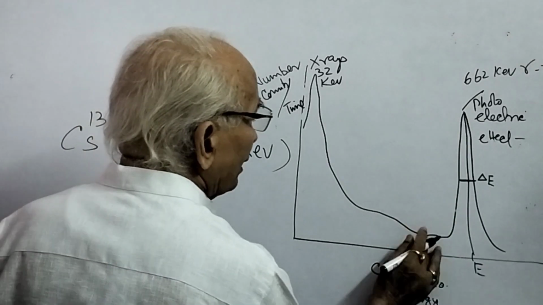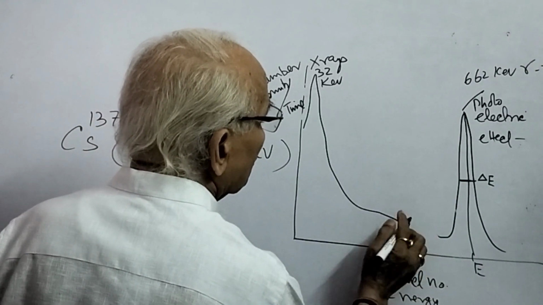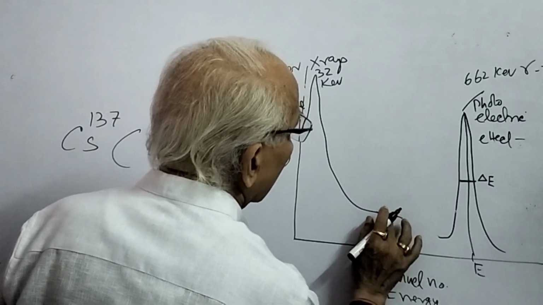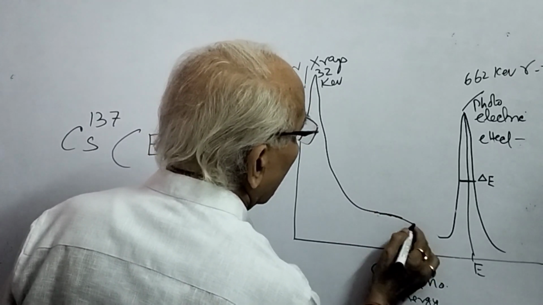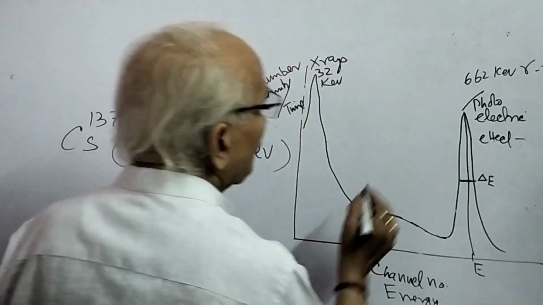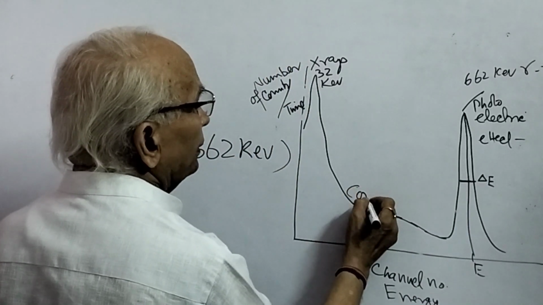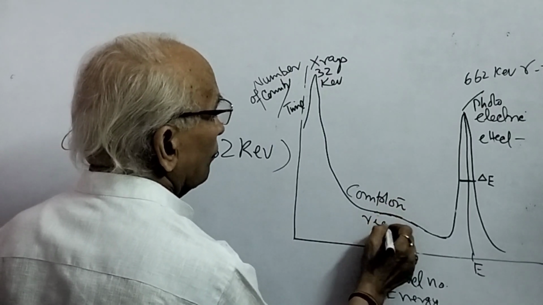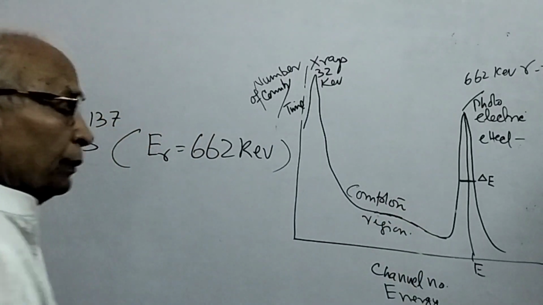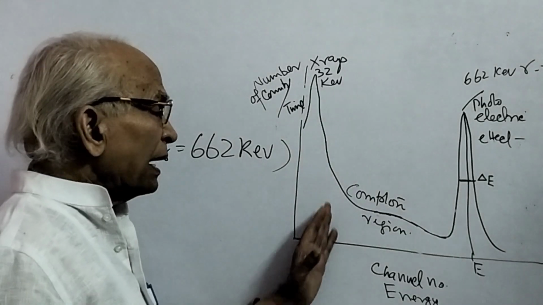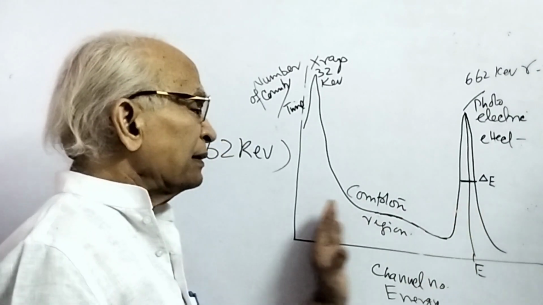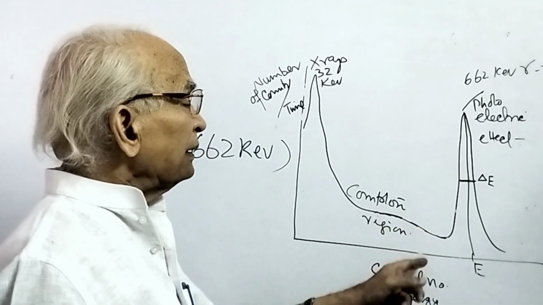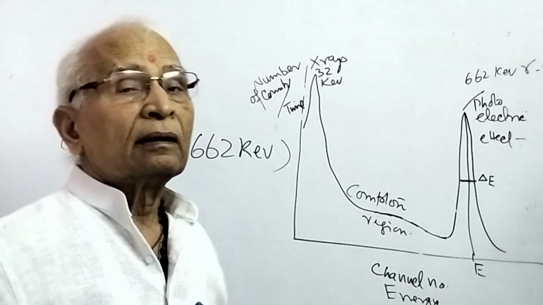And this region here is called the Compton region, because by Compton scattering we get electrons of various energies scattered in different directions. So we get electrical pulses of different heights.